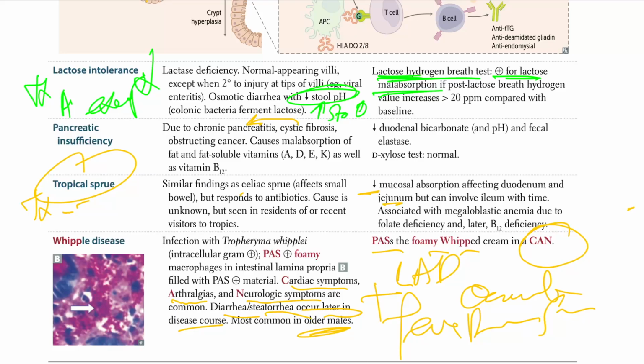Now Whipple disease is a chronic bacterial infection with T. whipplei, a rod-shaped bacillus with diastase-resistant granules, and they are loaded in foamy macrophages. So what happens is T. whipplei get loaded in the macrophages, which forms the foamy macrophages.